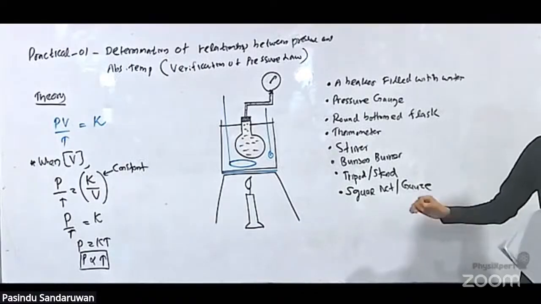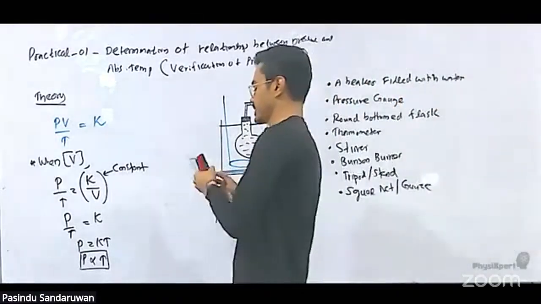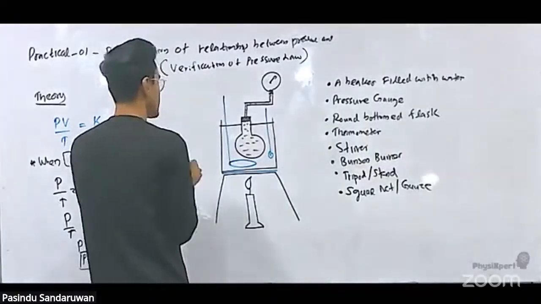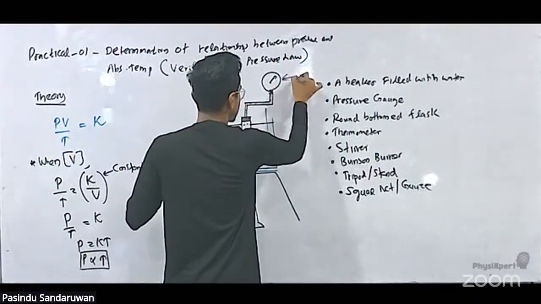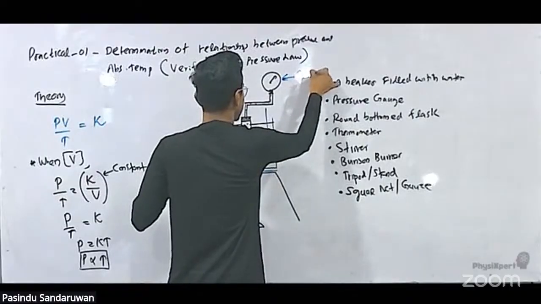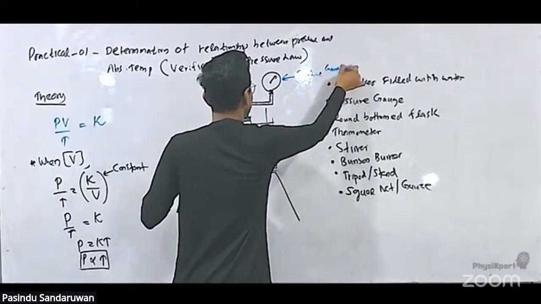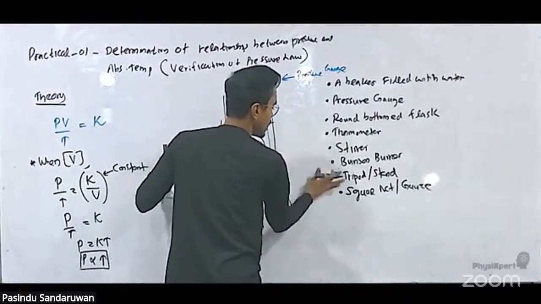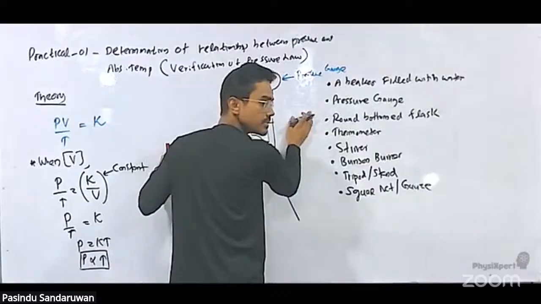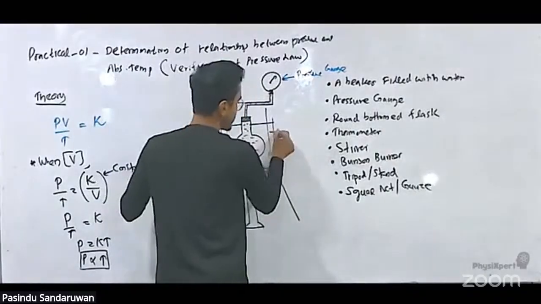Right. Now, let's label this as well. Make a label: pressure gauge. Pressure gauge. Make it right? And thermometer.